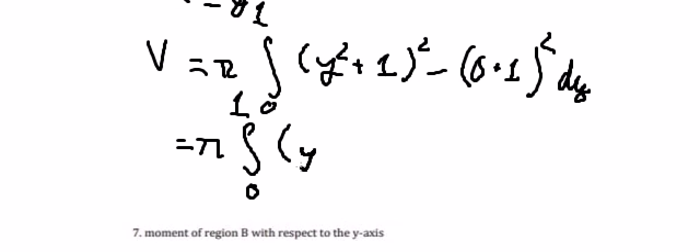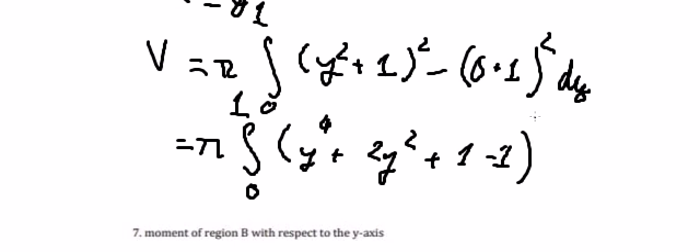This one you got about y to the power of 4 plus 2y squared plus 1 minus number 1, and we got about dy. 1 minus 1, they will cancel.